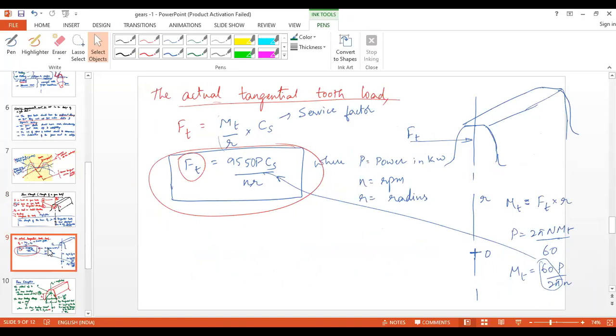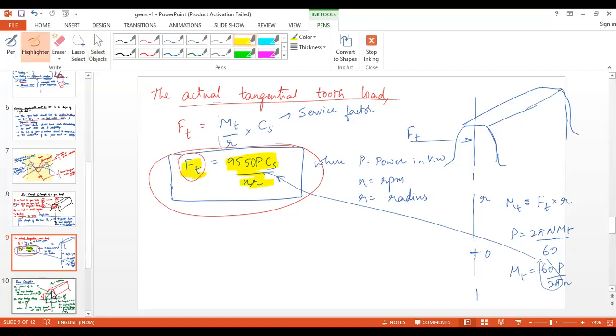We will see the values in the next classes. So this Ft is the actual tooth load acting on the gear tooth.